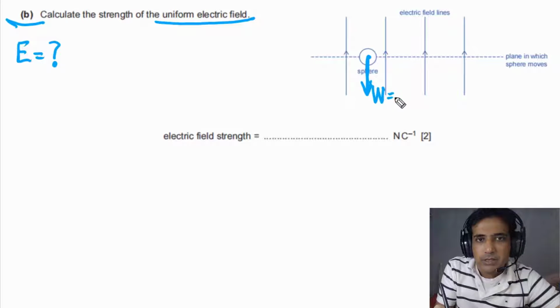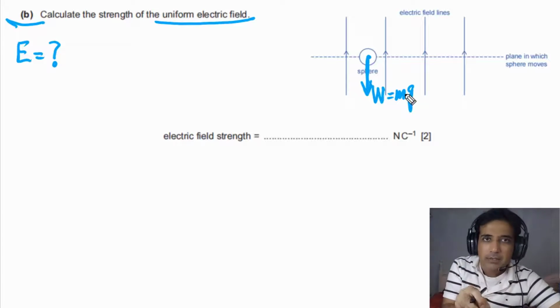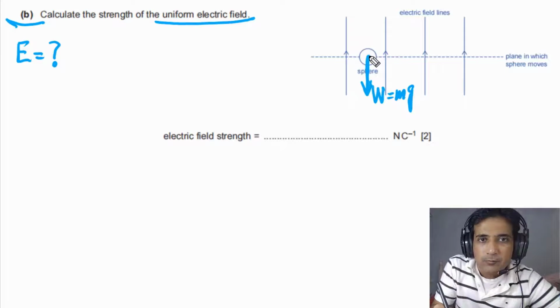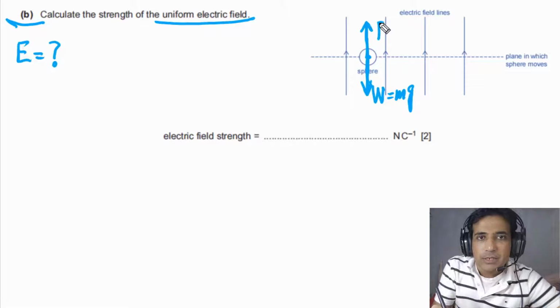So simply we can say W in this case is equal to mg. And this particle has charge and this particle is in an electric field. So the electrical force has to act vertically upwards because there is no other force acting on this particle. So the electrical force, we can say Fe, this one has to be equal to E times Q.